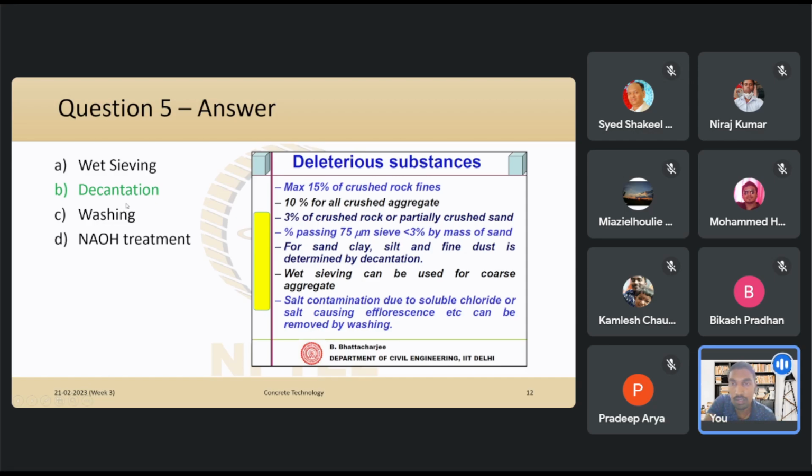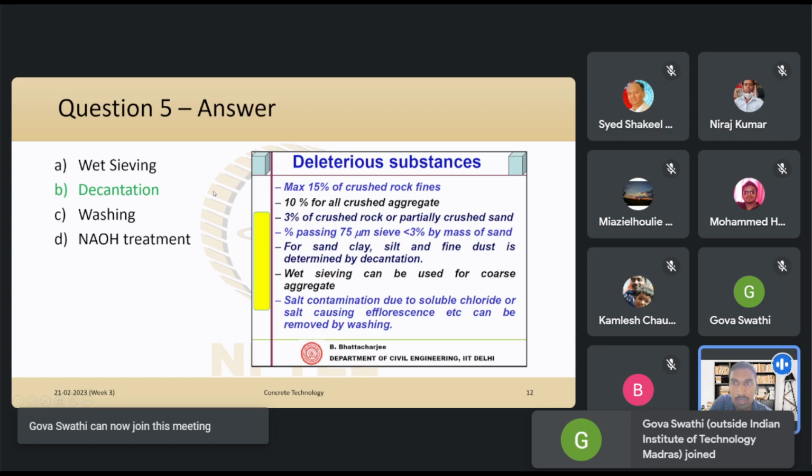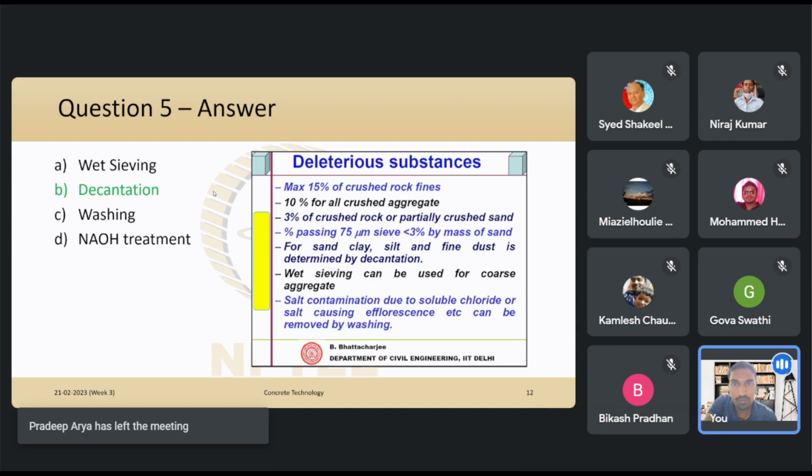So they will separate out, and then you can remove one substance from the other. That's what decantation is. Because fine silt and clay are finer, they are not going to mix with sand, so we can separate those out using the decantation method.